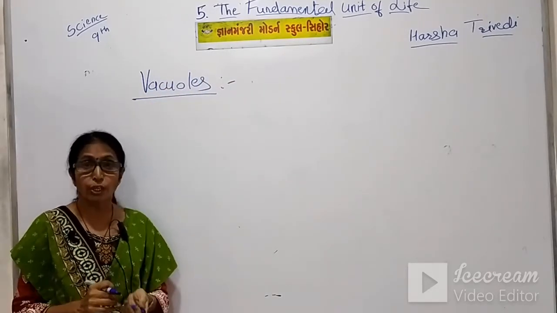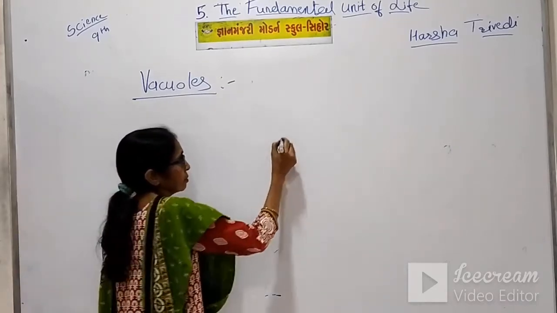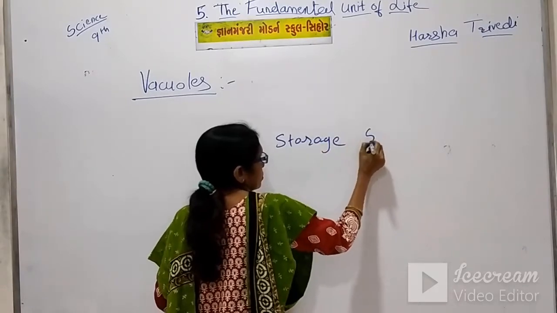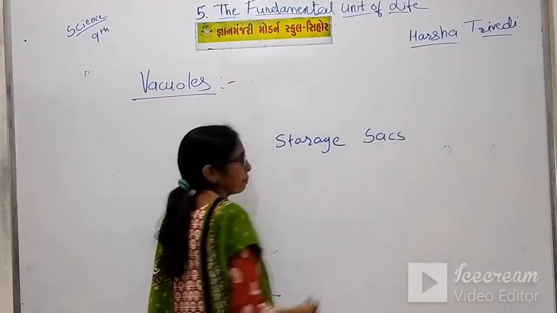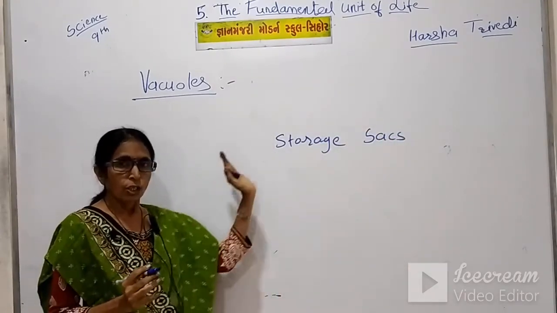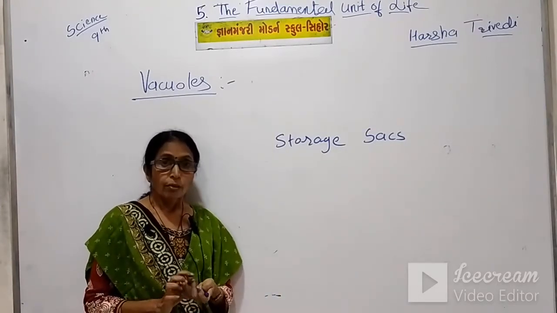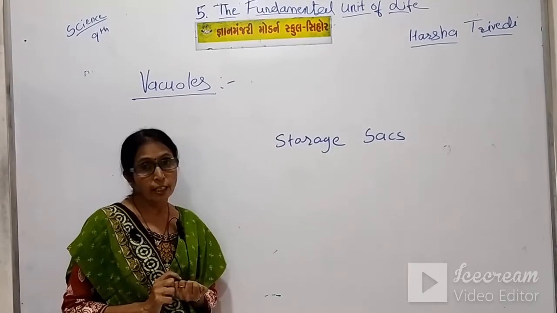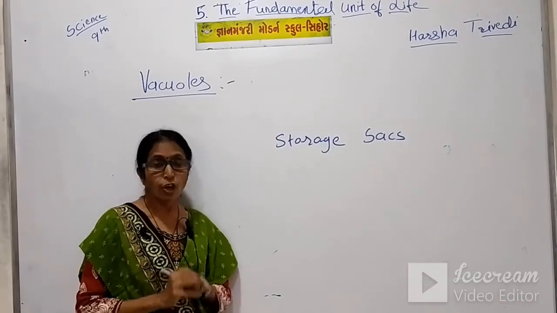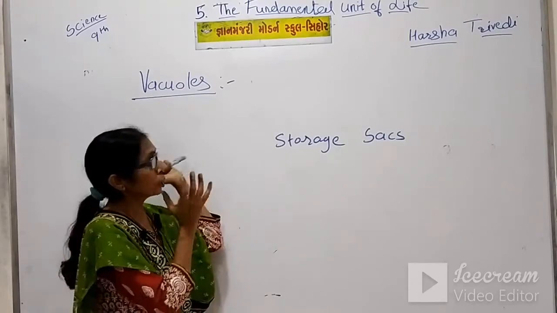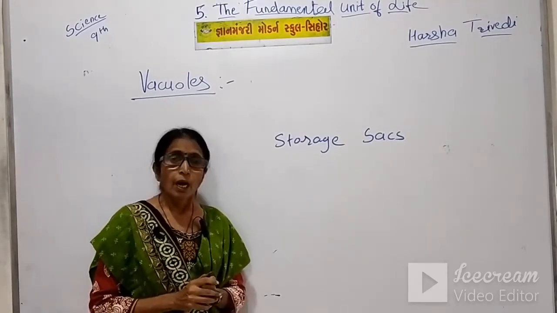We can say storage sacs. Bags, sacs. They do the function of storage. What is stored here? Like amino acids, organic acids. These types of materials are stored in vacuoles.